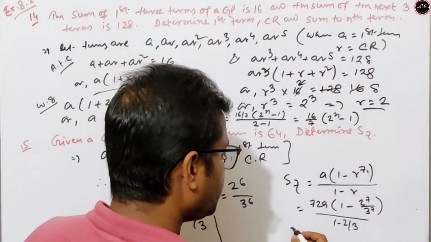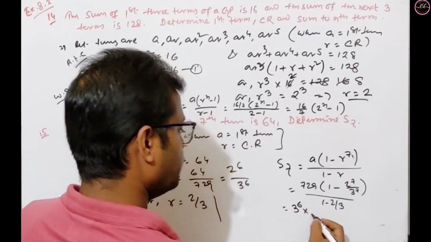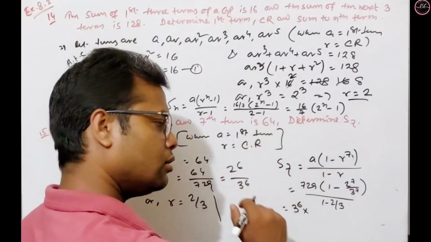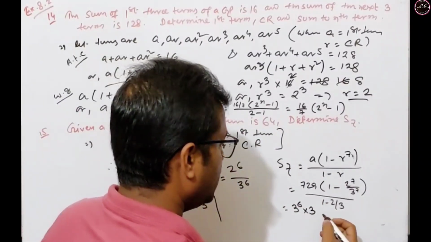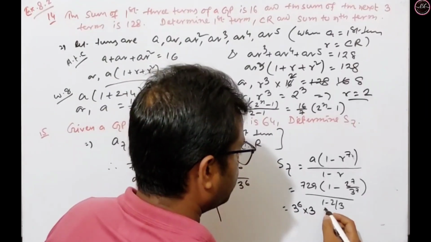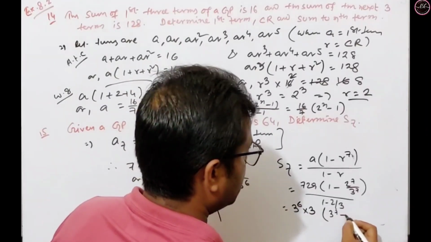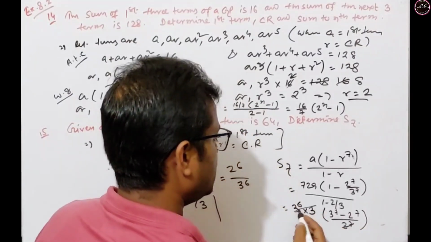Okay, so we get here S7 to 9 equal to 3 to the power 6 into, here just 3 will be above, so just here write 3, and here we will get 3 to the power 7 minus 2 to the power 7 by 3 to the power 7, and here 3 to the power 7 and this will be cancelled out.